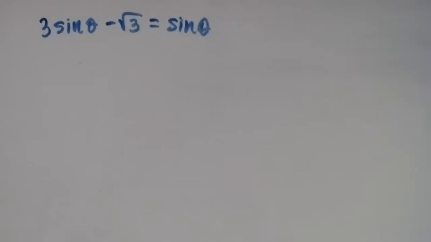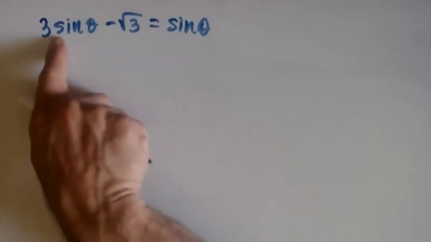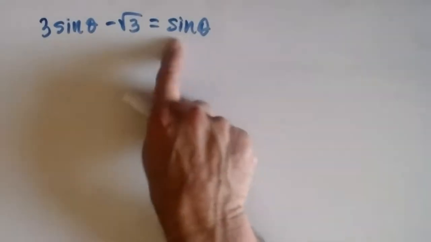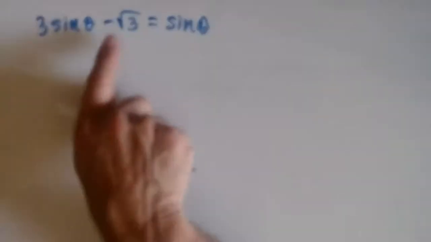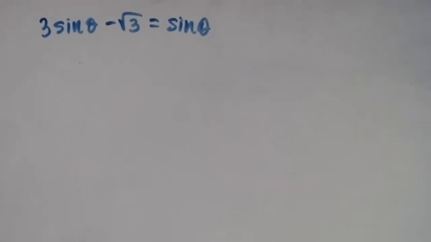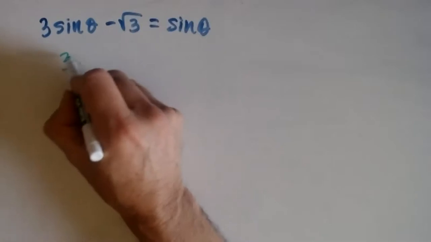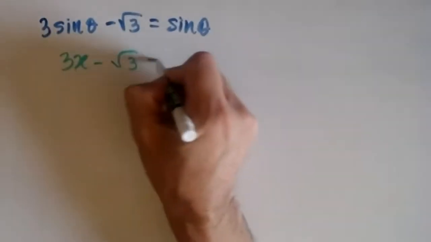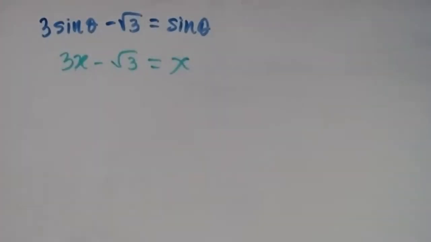Again, I see sine theta here and sine theta here, so I'm going to cover this by something friendly, x. 3x minus the square root of 3 equals x, correct?